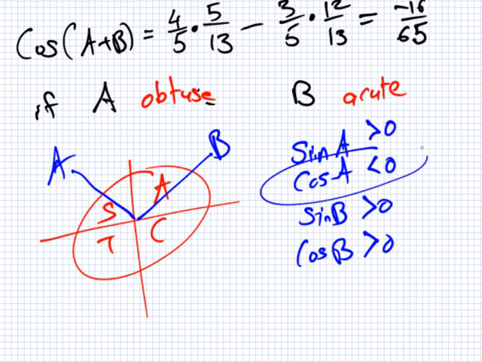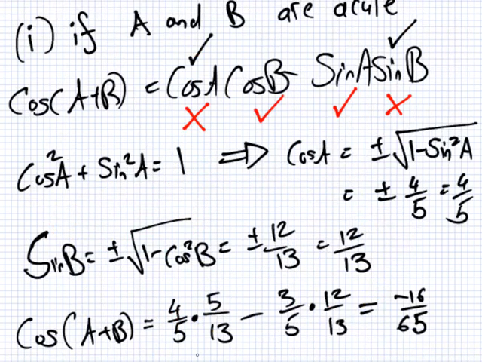So only cos A should be negative. If I go back to my question, cos A should be negative. So this time I choose minus, which is going to change this here to minus. So this time I would get minus 56 over 65. That's the only change.